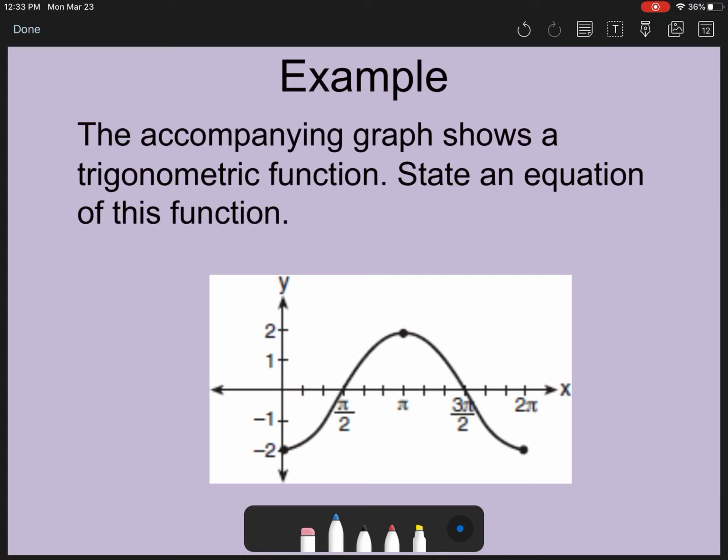Okay, let's take a look at this one. The accompanying graph shows a trigonometric function. State an equation of this function. First question is cosine or sine. We know that since it's not going through 0, 0, it must be cosine. So start out with y equals a cosine of bx. The a value is going to be -2.